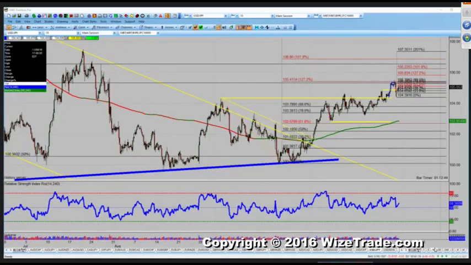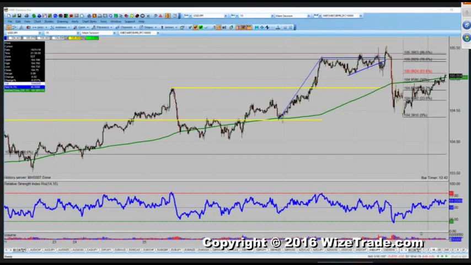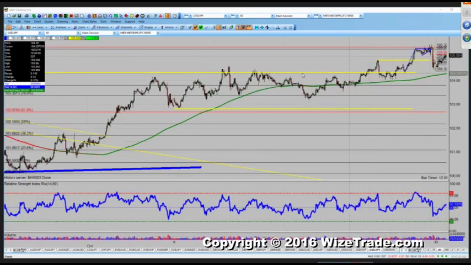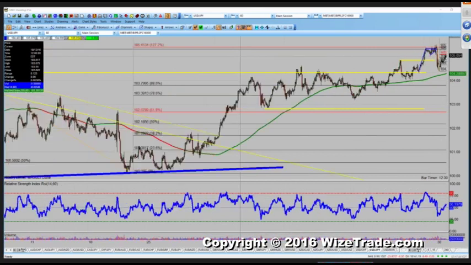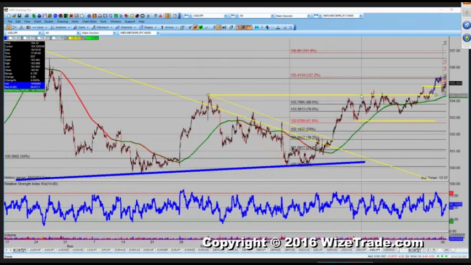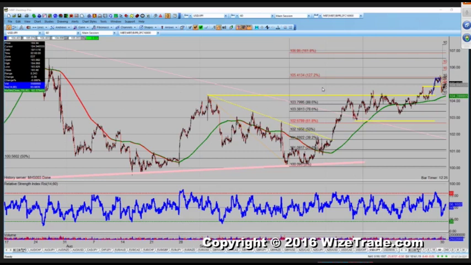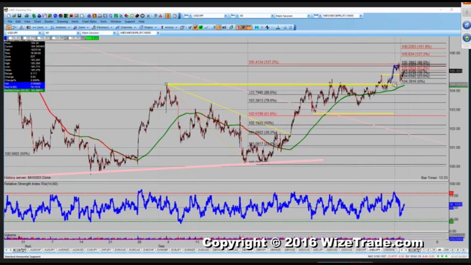Support. What we probably have to do is write down the overnight low, which is 104.40. See this breakout point here? The high here was 104.30, if I remember correctly.